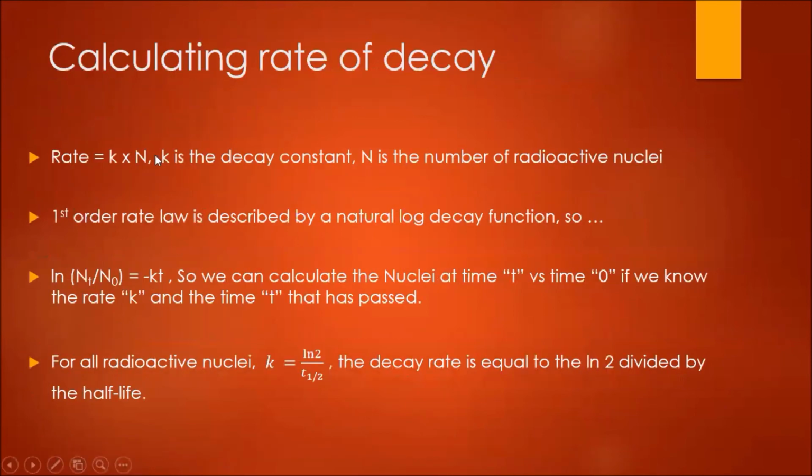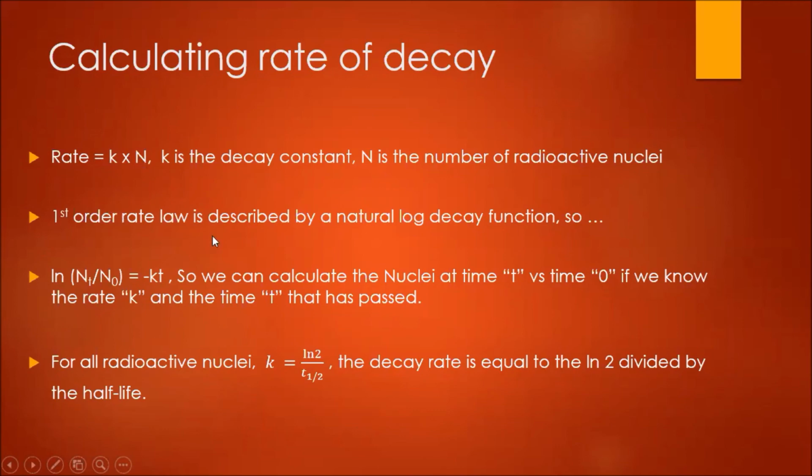Now, how are you going to calculate a problem if you were to do this? If this was on a test, you'd have to do the kinetics again. Not too bad. It's not really that hard. If you knew how to do kinetics for the first chapter, you can do it again. The differential equation is just the rate is equal to a constant times the number of radioactive nuclei.